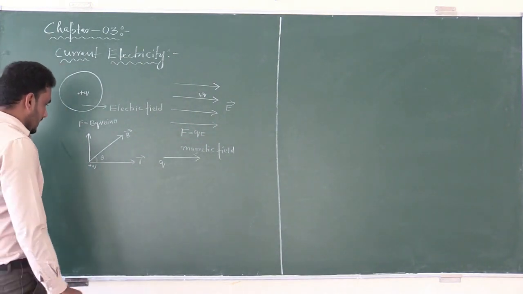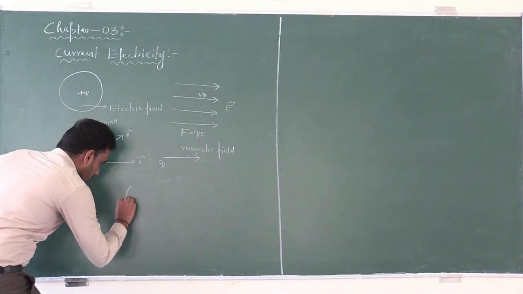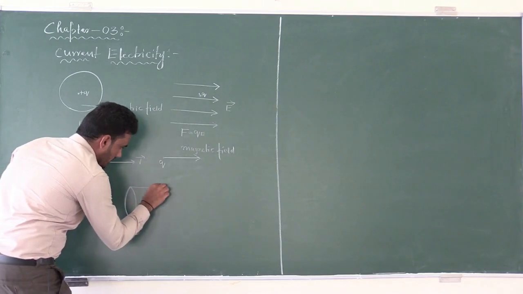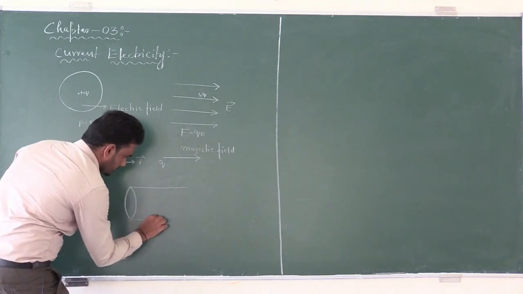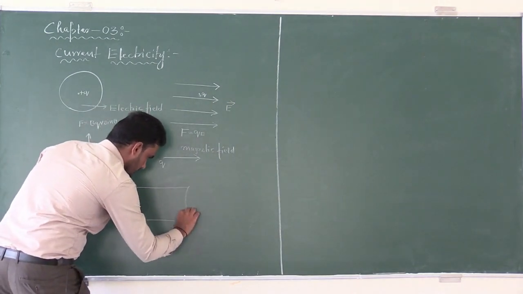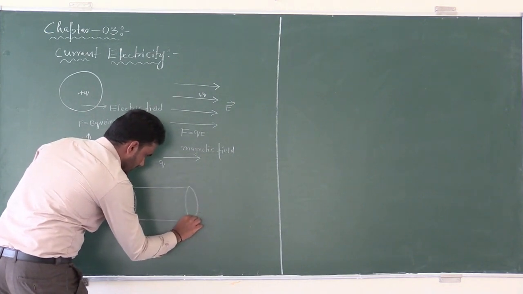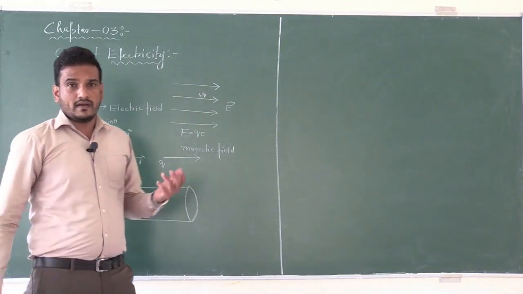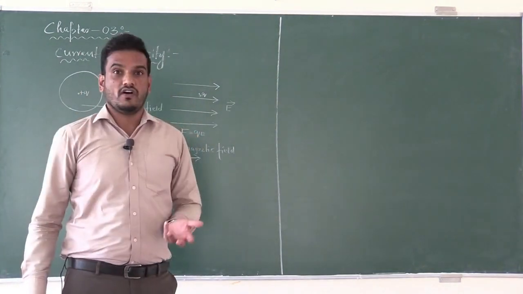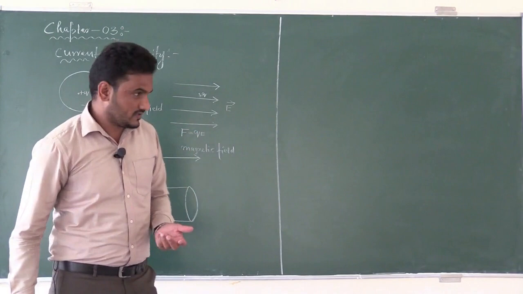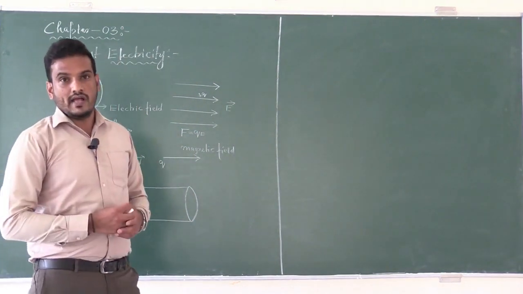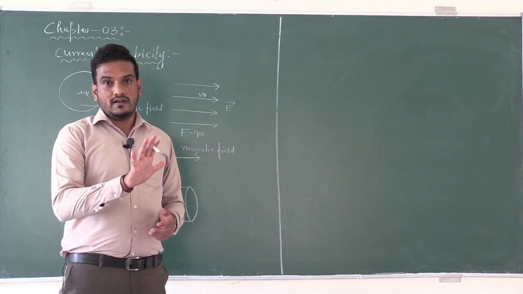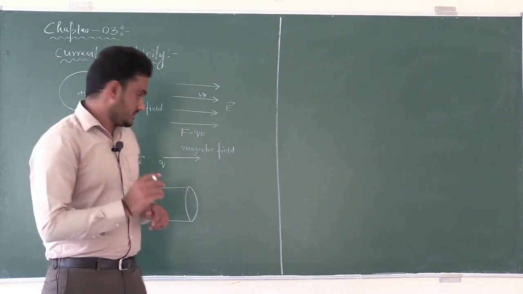Now I'll consider one metallic conductor, an iron rod or a copper rod. Consider it as a metallic conductor. We know that a metallic conductor possesses plenty of free electrons, and the atoms in the metallic conductor are closely packed like this.